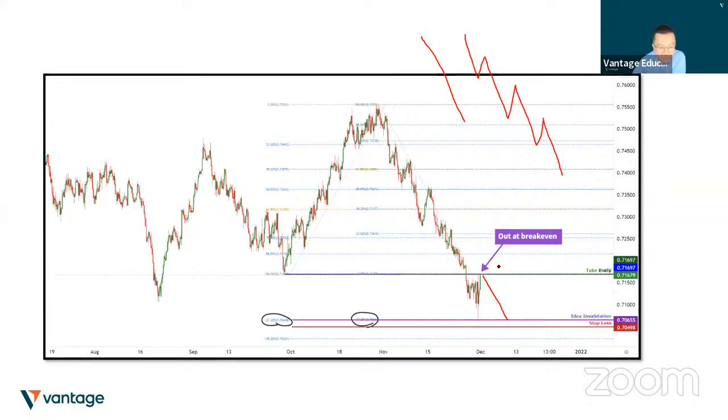So it's not always that you get to the situation where you're able to have an idea invalidation setup, because like you mentioned as well, price could just come down, test this level, bounce a little bit before straight back down to a stop loss, or it could just next candle go straight back down again.